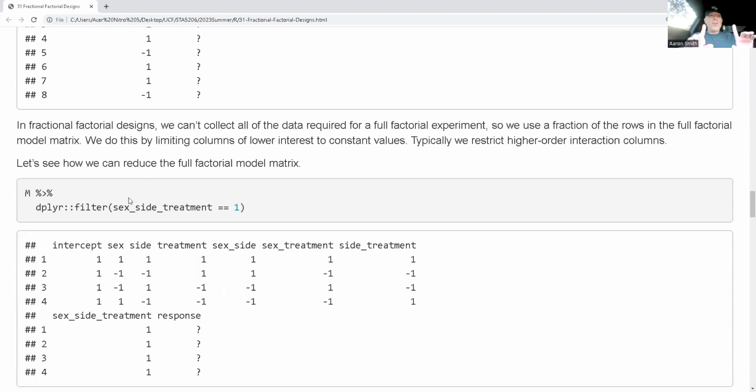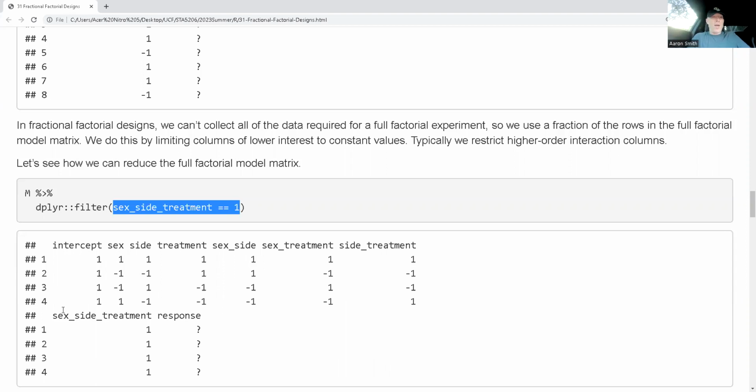All right, so now let's actually do a fractional factorial design. When it's a two-level factorial design, if I want to do a fractional factorial design, what I want to do is just set one of the columns equal to a constant. So I'm going to restrict all the rows of data to one particular value in that column.